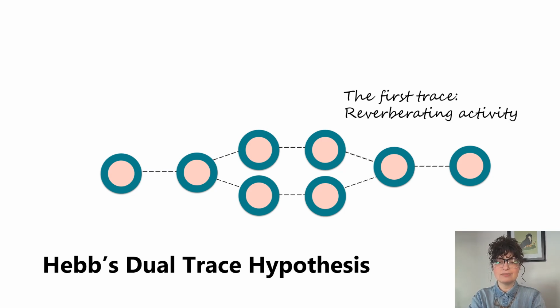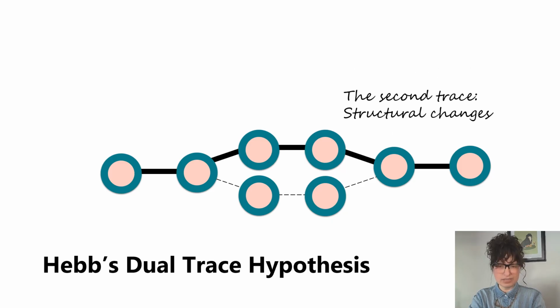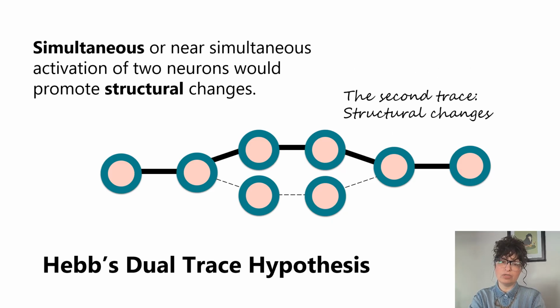But over time, where you have simultaneous or near simultaneous activation of neurons, you're going to see structural changes. So two neurons are going to promote structural changes to ensure that in the future, activity of one is going to produce activity of the other. So really ensuring that there are structural changes to connect these long term.